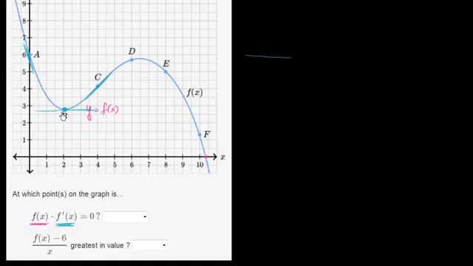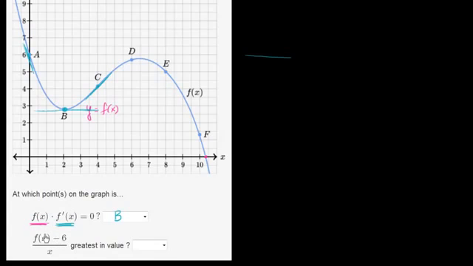Or another way you could think of it is the instantaneous rate of change of the function right at x equals 2 looks like it's pretty close to 0. So out of all of the choices here, I would say only B looks like the derivative, or the slope of the tangent line at B, is 0. So I'll say B right over here.